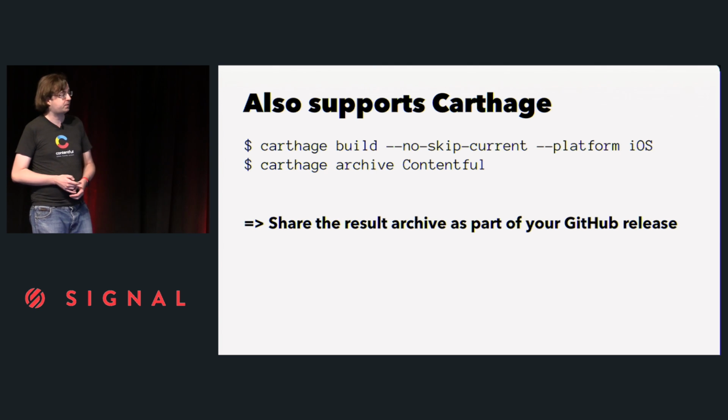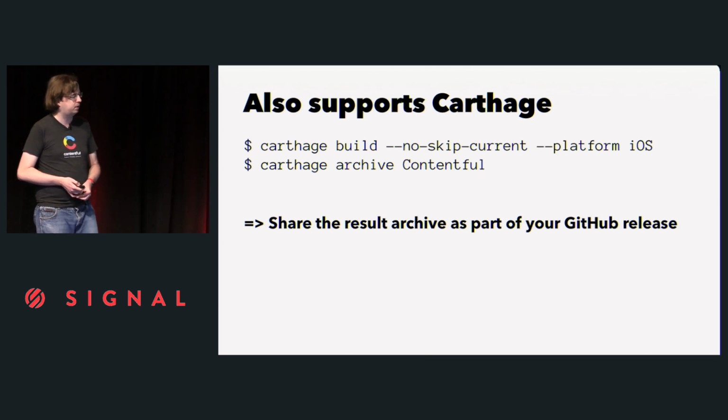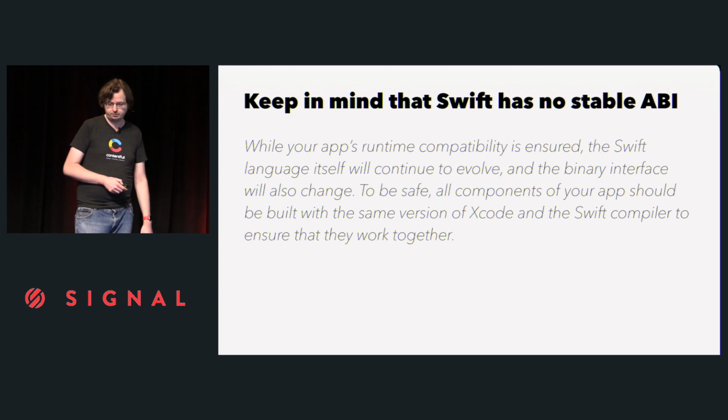And what's nice about it, it also supports Carthage. So the output of the pod template also works with Carthage, and you can use that to create a binary that you can upload as part of your GitHub release to support users of Carthage and also people who might want to download a pre-built framework.